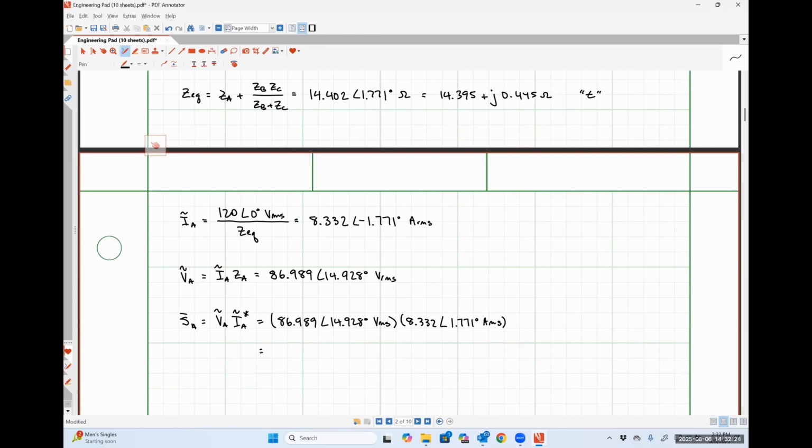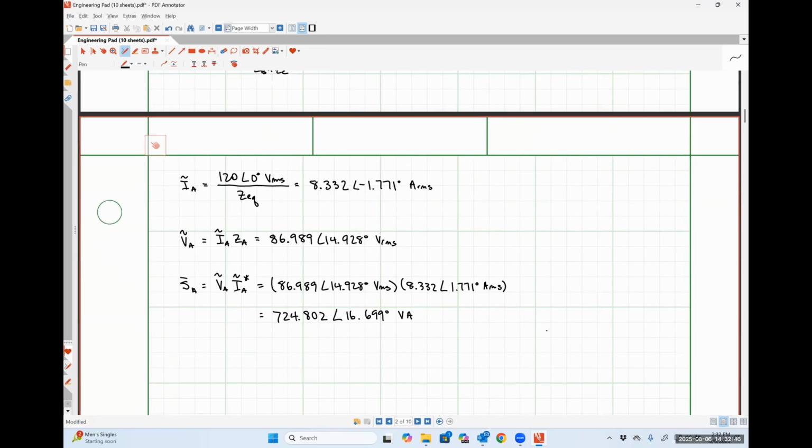So I got 724.802 with an angle of 16.699 degrees volt amperes, or 694.234 plus j208.270 volt amperes.